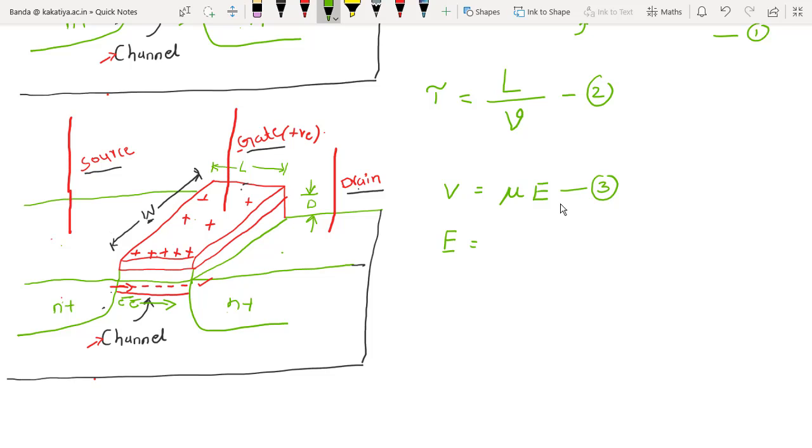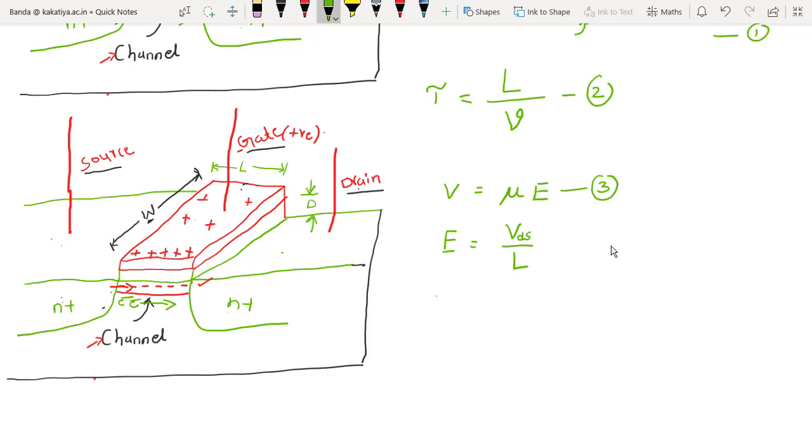From the fundamental physics formula, the electric field is E is equal to V by L. Here L is the length of the channel and V is the voltage applied between the source and drain terminals. So here V we will write as VDS.